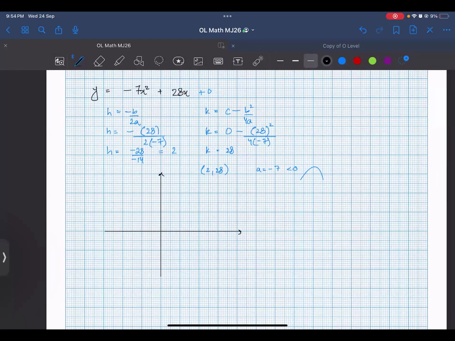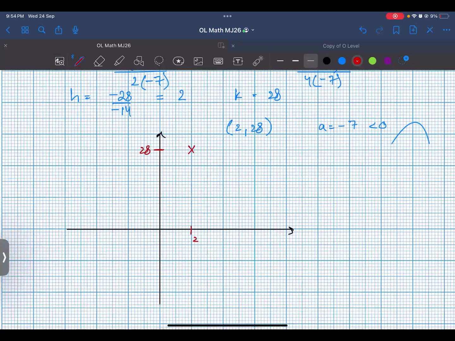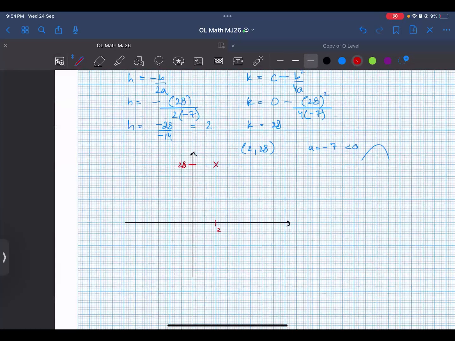Let's suppose this is 2, and 28 is a very large value, but this is just a sketch, not the exact thing. So I can take any point on the y-axis, and this would be a sad face. Now we know the graph would be something like this.